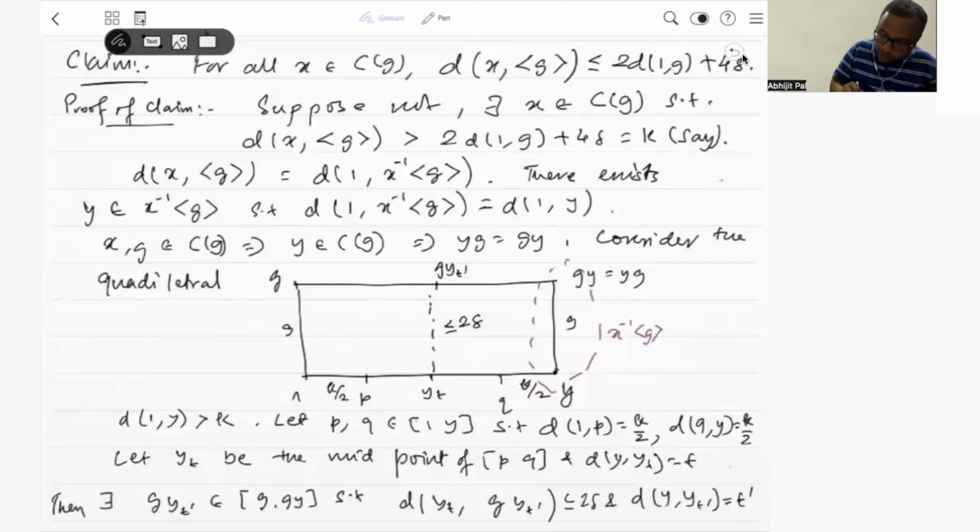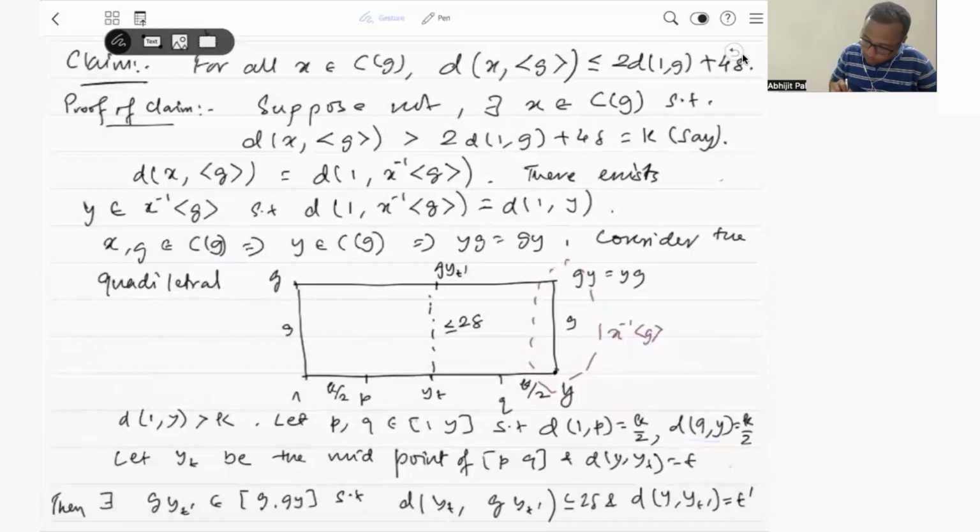In fact, this distance is greater than k, which is equal to the distance between 1 and y. So the distance between 1 and y is greater than k. Therefore, we can take 2 points P and Q belonging to this geodesic joining 1 and y, such that the distance of 1 to P is k by 2 and the distance between Q and y is k by 2.